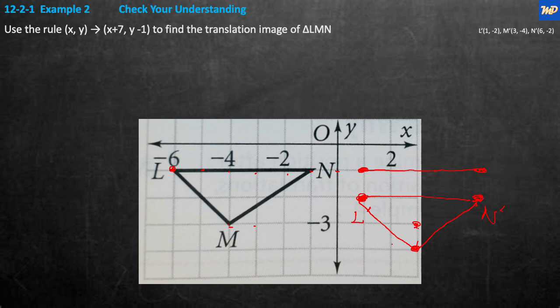And that's what the values are. We're going to write them out. Up here you're going to have x for L. L is going to be -6, -1. So you're going to add 7. So L prime is going to be 1, comma, -2 when we do the math. Because you take the current x value, which is -6, and you're going to add 7 to it.